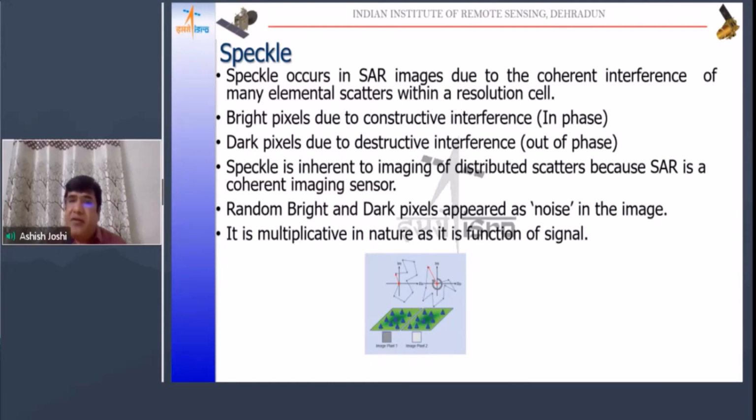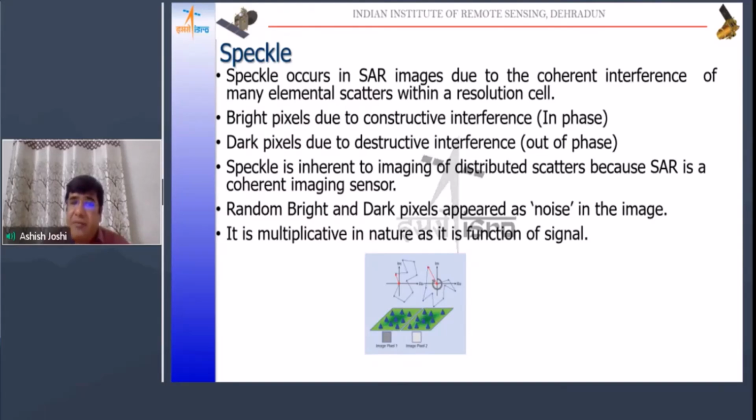For the pixels where the scatterers have the same phase, we have constructive interference and a bright pixel. For the pixels with destructive interference, we have black pixels. It is a noise type of thing, a noise of black and white pixels. That noise is called speckle. So speckle is inherent to imaging of distributed scatterers because SAR is a coherent imaging sensor.